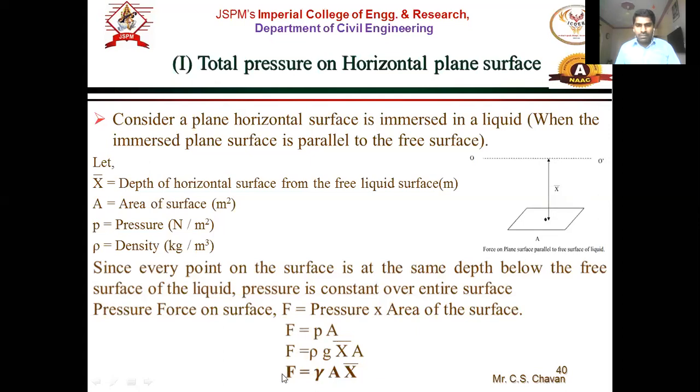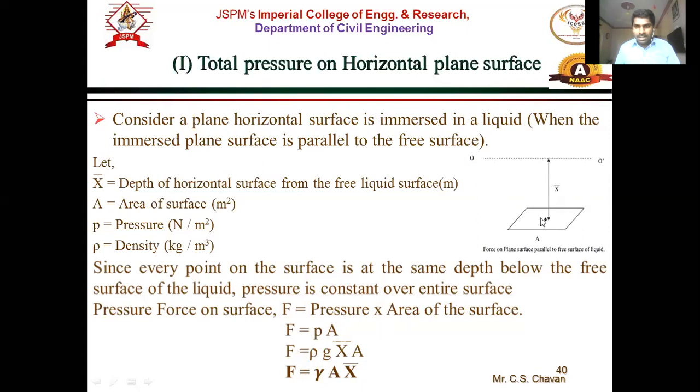So when we have to find the force or the total pressure, what things are necessary? The first thing is what is the fluid. So the type of fluid will give you the density. Then what is the area, what are the dimensions for the given surface, and the third thing is the centroid of that surface, at what depth, that is x bar.